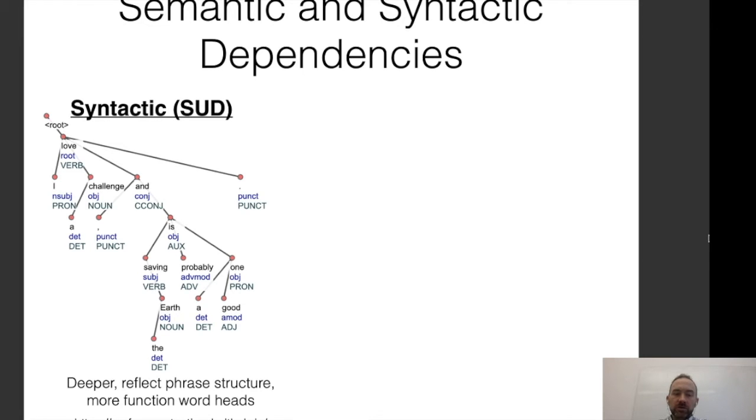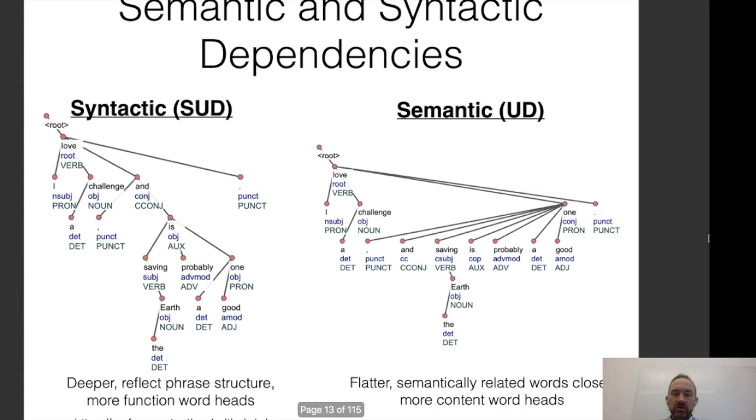So I'm not going to go into the details of the exact rules behind dependencies, but one important thing to know is essentially they're trees between languages where we have heads pointing to their dependents, and also there's multiple ways that you can define these dependencies. We can define them either syntactically or semantically.